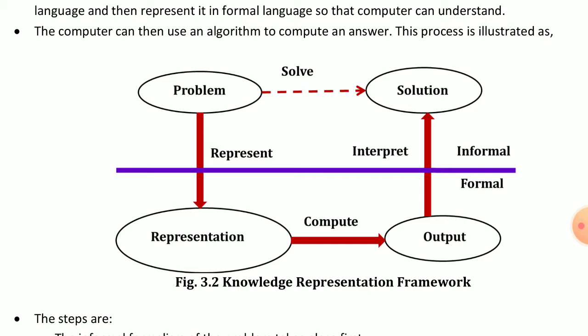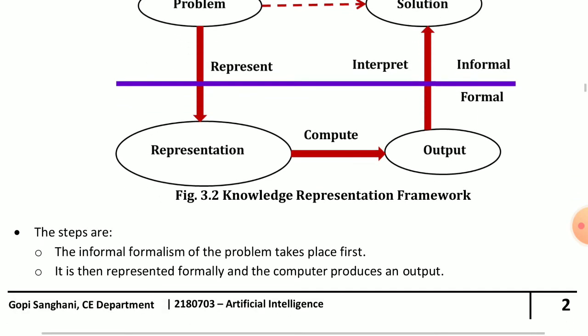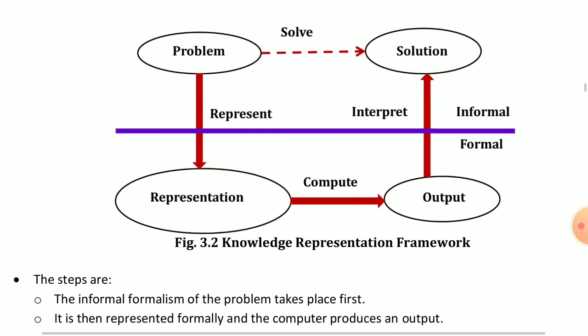Here one blue line is given, it is formal and informal. So here the steps are given. First, the informal formalization of the problem takes place. We take the problem first and understand the problem.